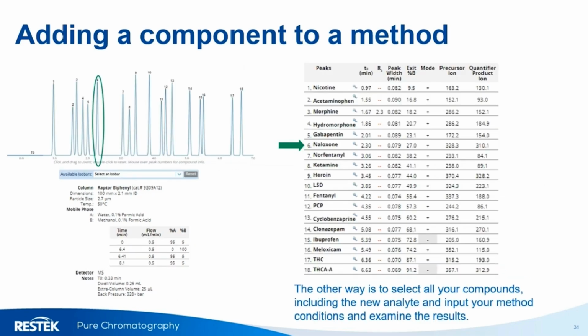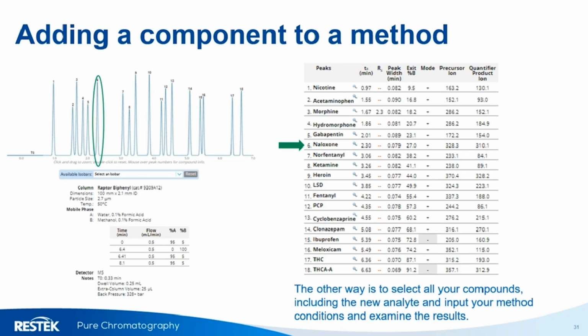But perhaps the best way to do it is to just model all of the compounds that you're interested in, your original 17, add your naloxone compound to it, and chromatograph the whole thing. That way you will see if there's any isobars in the way and if you have any overlap.